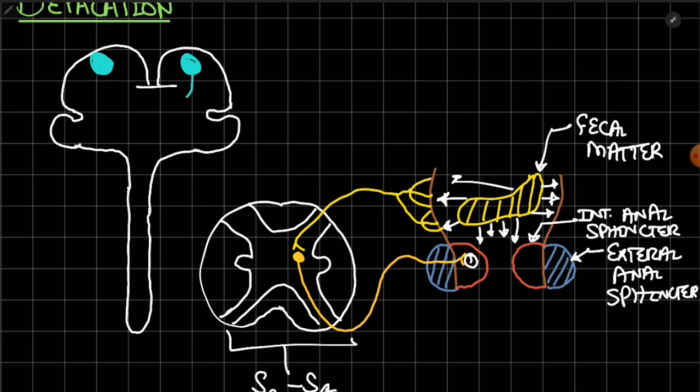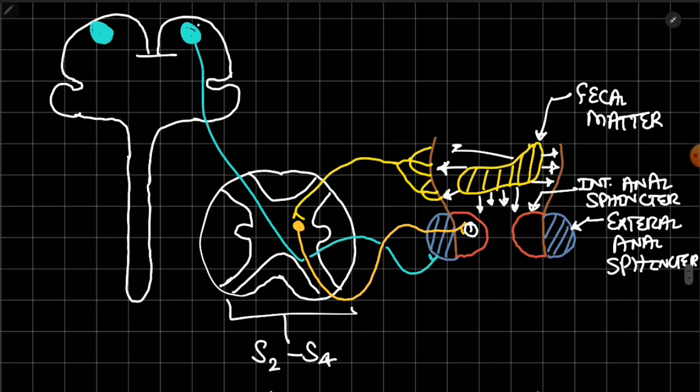I am not following the exact direction of the corticospinal tract, but it will come to this part. It will go to the external anal sphincter, and now this blue colored is the corticospinal tract.